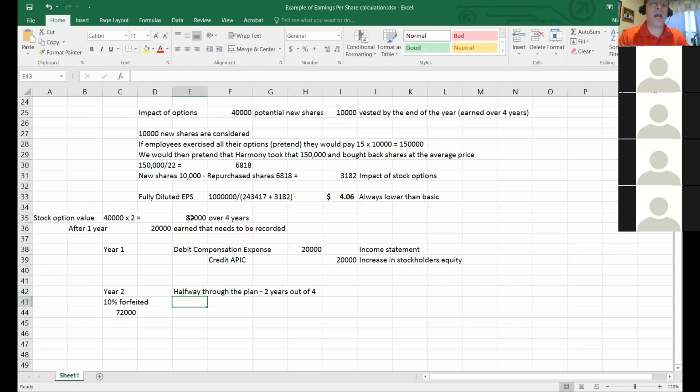And that means that I should have half of the compensation expense recorded. And my total compensation expense is 72,000. So half would be 36,000.